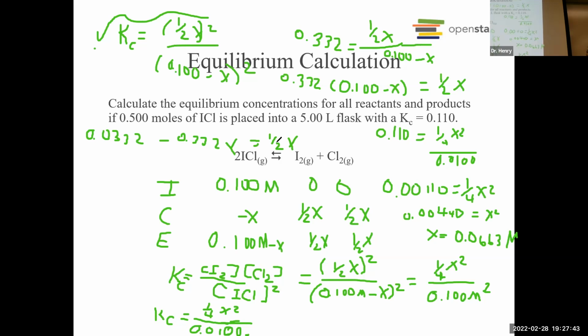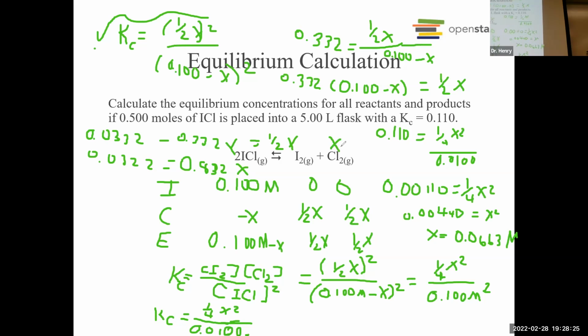We'll bring this over to solve for x. So we get 0.0332 equals 0.832x.